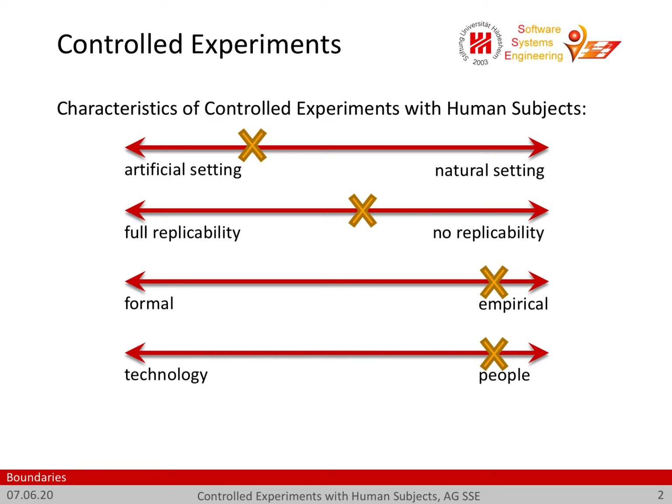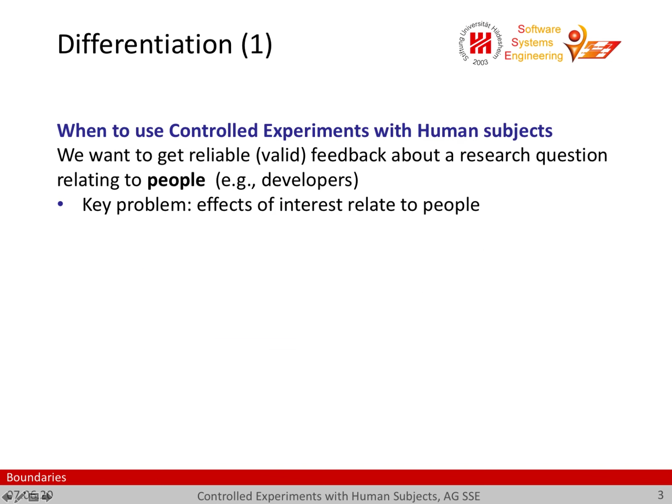And what are we gathering information about? That's actually about people. We may get results about the impact of technology on people, but ultimately people are in the focus. That's when we are interested in controlled experiments as a research method.